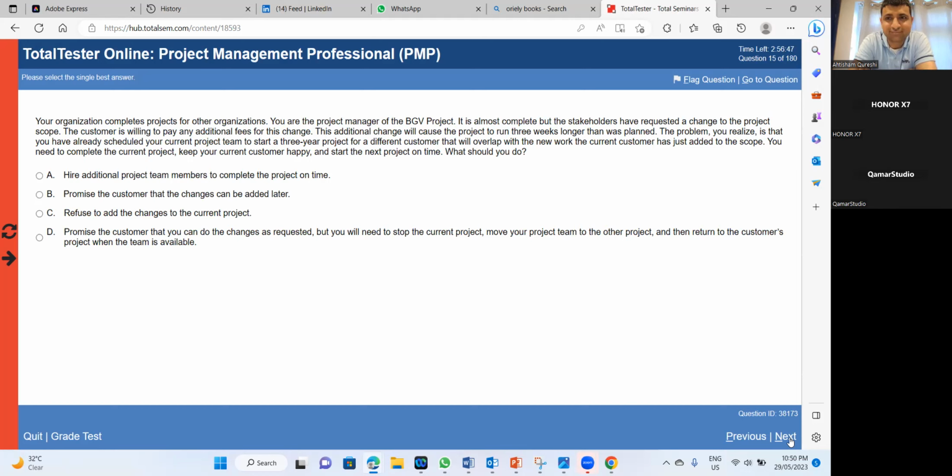Your organization completes projects for other organizations. You are a project manager of the BGV project. It is almost complete, but the stakeholder has requested a change to the project scope. The customer is willing to pay an additional fee for this change. The additional changes will cause the project to run 3 weeks longer than planned.